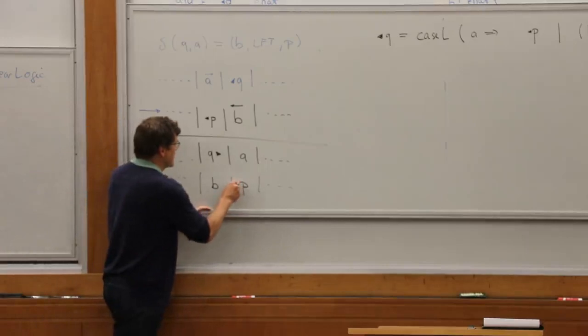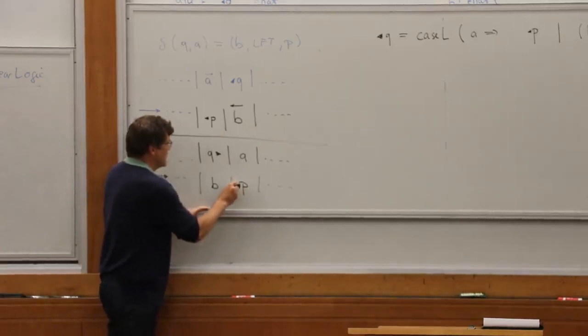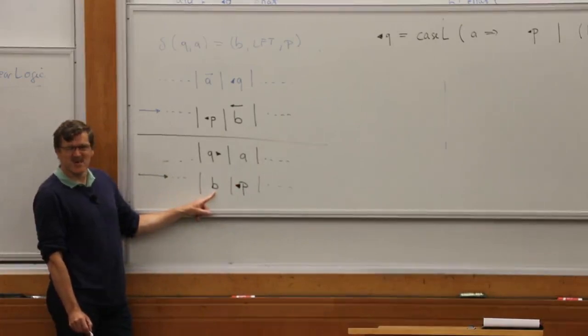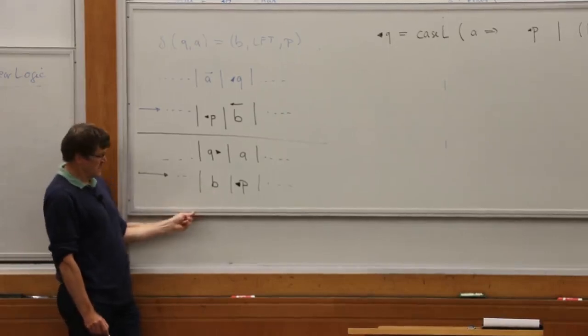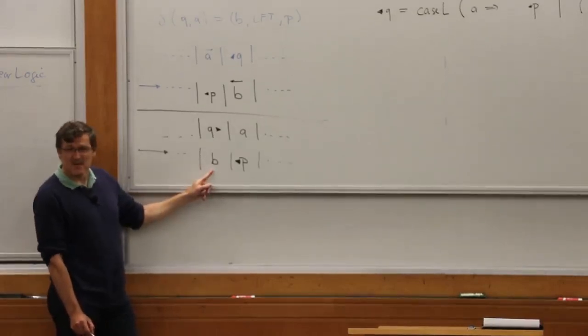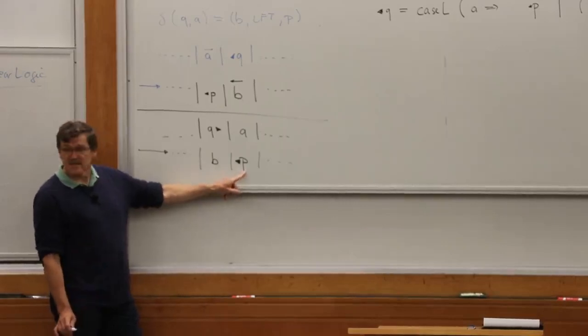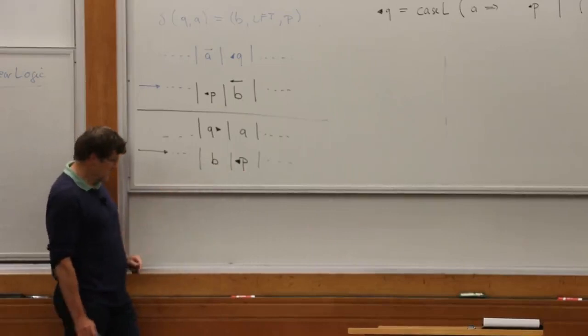Okay, if you have P looking to the left, then the problem is P is now going to consume the B. So it didn't really move to the left, right? Now it's looking at the B that it just wrote. You see that this doesn't quite work? B is good, but this thing doesn't work because it looks at the B now. Okay?